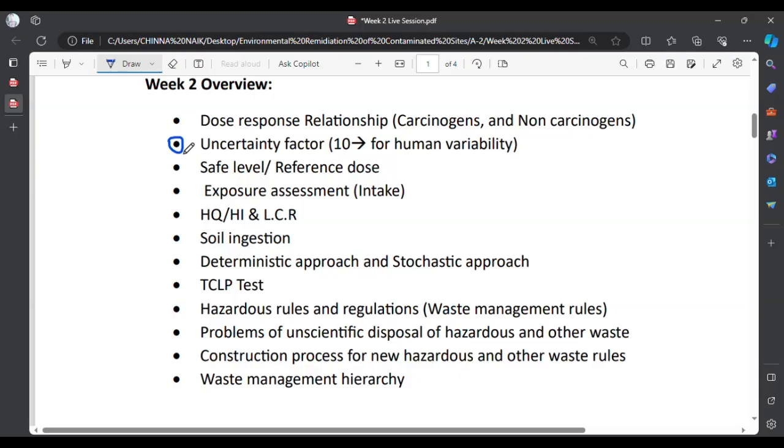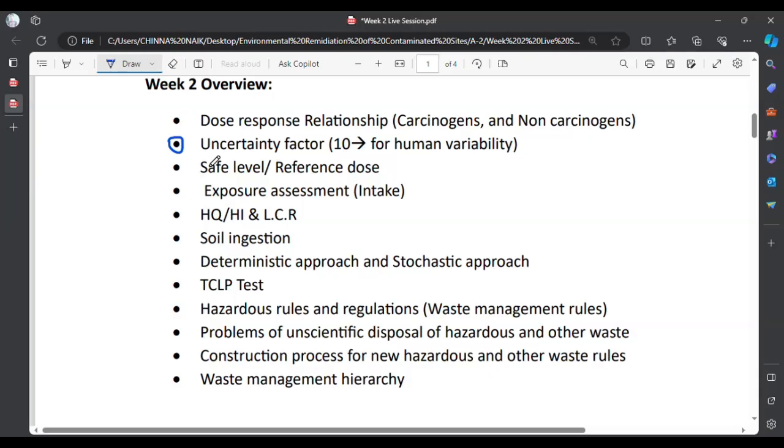Based on uncertainty factor, we calculate reference doses, based on LOAEL or NOAEL upon uncertainty factor.